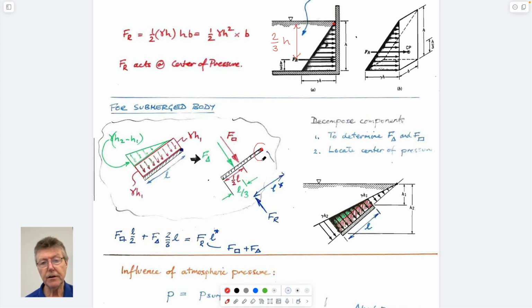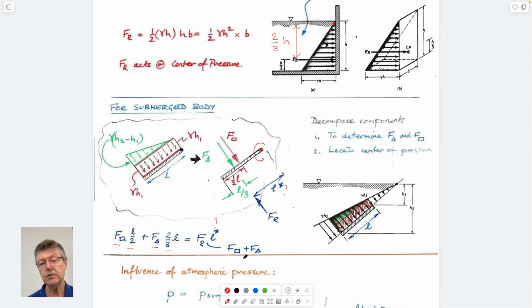If you take moments around here, you get the force of the rectangular distribution multiplied by this lever arm, L over 2. Then you have the force for the triangular distribution, F triangle, multiplied by 2/3 L. And that has to equal the resultant force multiplied by some unknown lever arm, which is what you'd like to get.